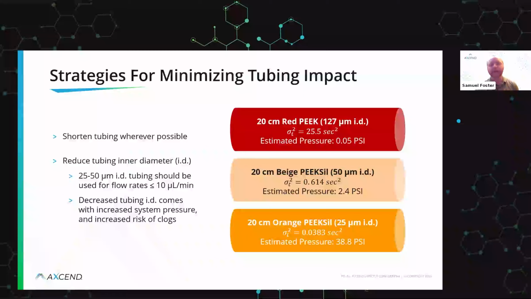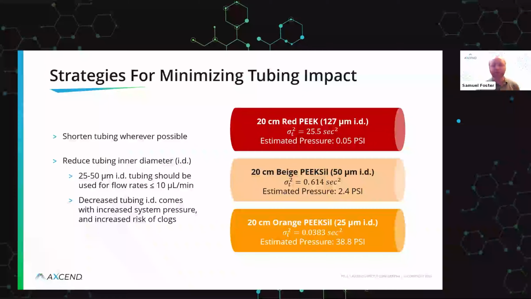And so to show that, if we were to take that same 20 centimeter length of red peak from before and run it at a microliter a minute, we see its expected variance, or its expected sigma squared, of about 25.5 seconds squared, and it would cause about 0.05 PSI.